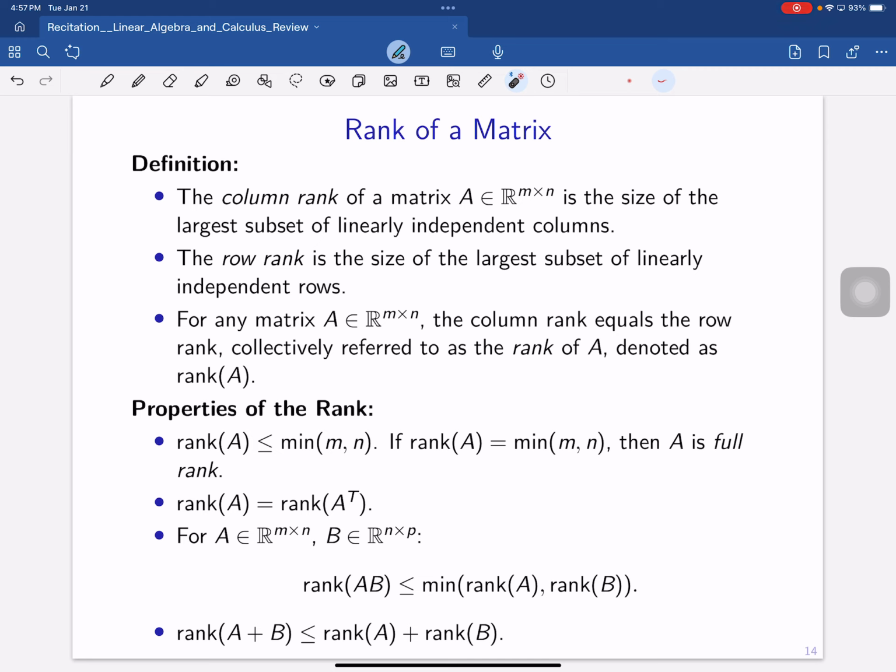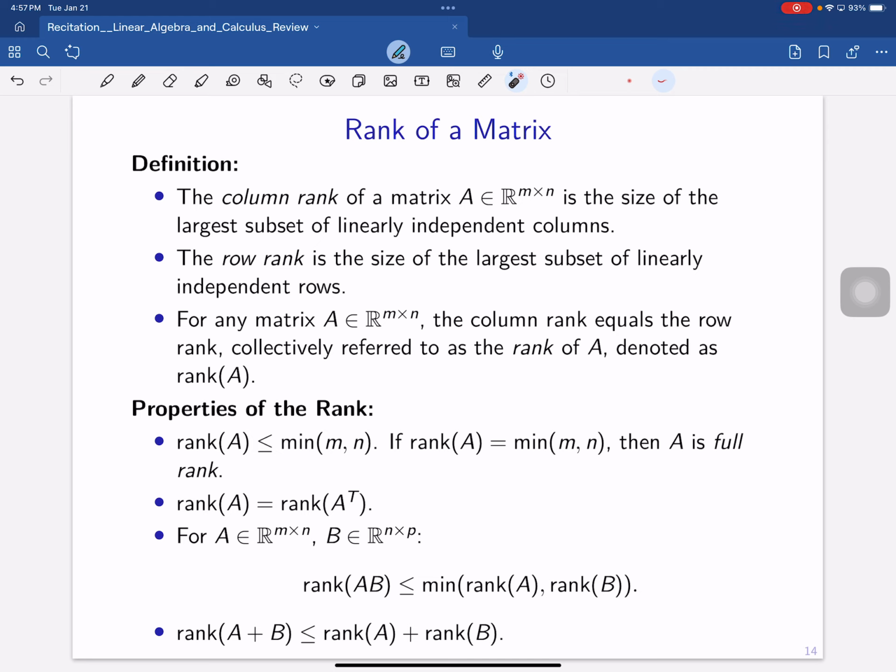And if the rank of A equals the minimum of m and n, then we say A is a full rank matrix. That's the largest rank you can get. This property should be pretty trivial because you just take the transpose and then the row rank becomes the column rank and vice versa. So here's another property.